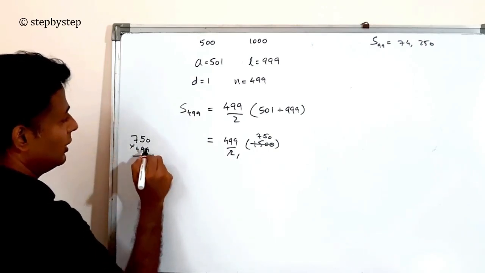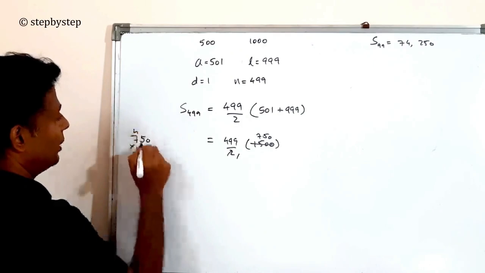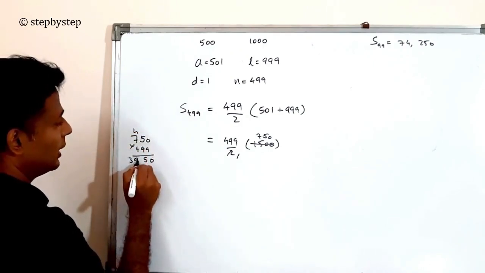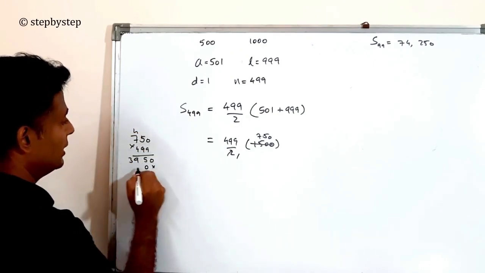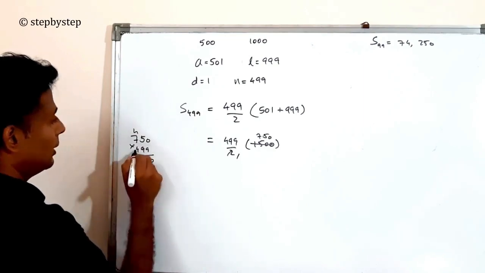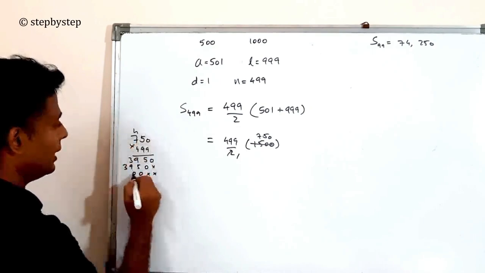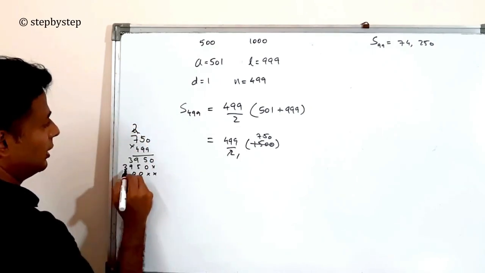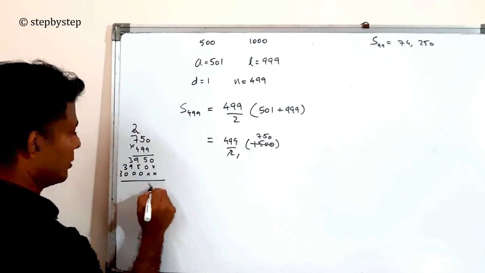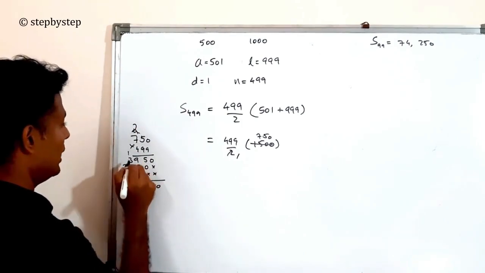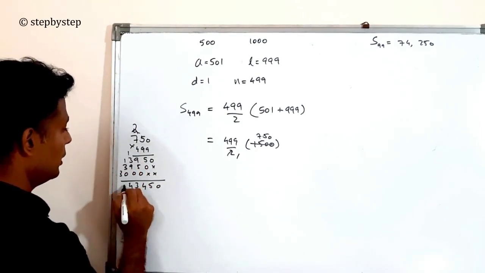So 9 zeros are 0, 9 fives are 45, 9 sevens are 63 plus 4, 67. Then 4 zeros are 0, 4 fives are 20, 4 sevens are 28, plus 2, 30.